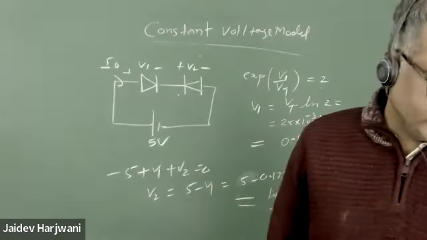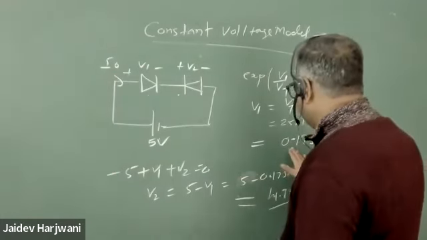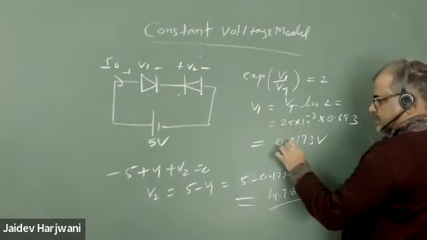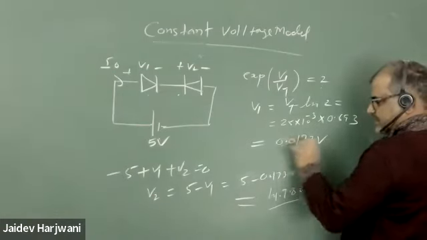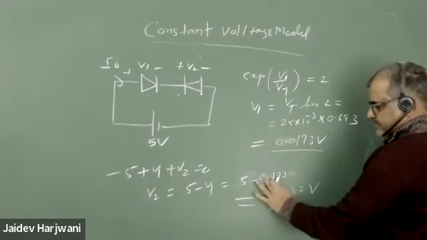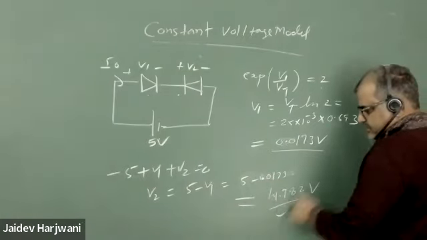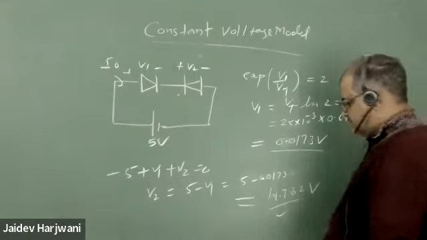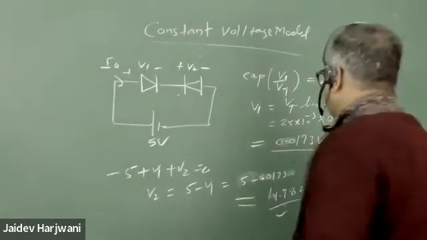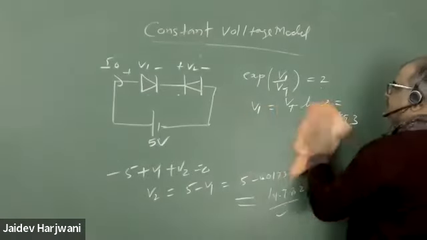You can correct whatever value. Others, please tell what is the value? 0.0173, yes, this is correct. Then finally you make it minus and tell me what the voltage is. The answer is 4.982. Okay.